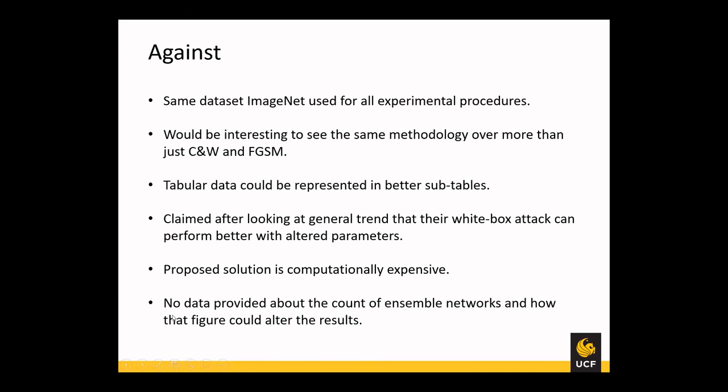And one point that is really interesting to me is that there is no data provided about how many networks are needed to generate what type of success rates. So they have assembled 6 networks, but what if I assemble 3 networks or 10 networks? Will my success rates improve if I use more networks, or what is the trend going to be like? So there's no discussion of that particular point, which I would have liked to see.